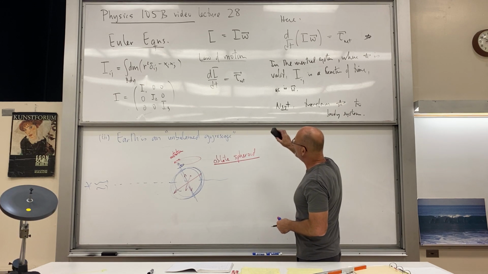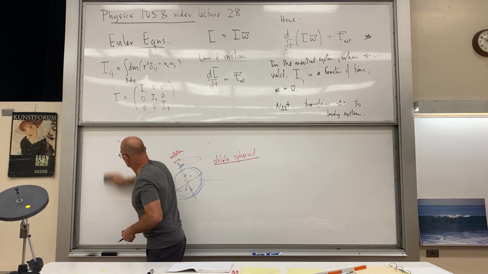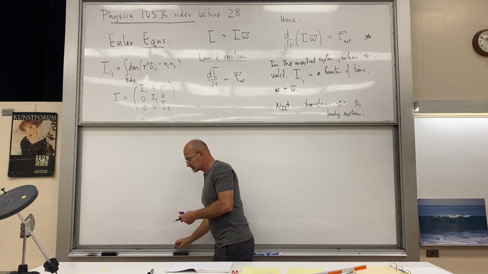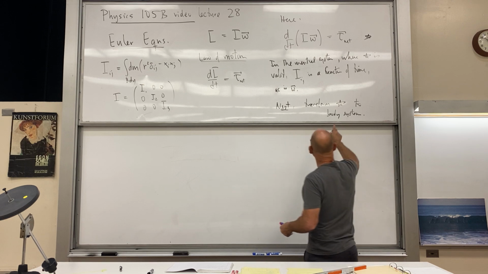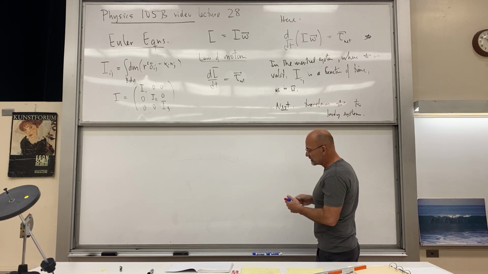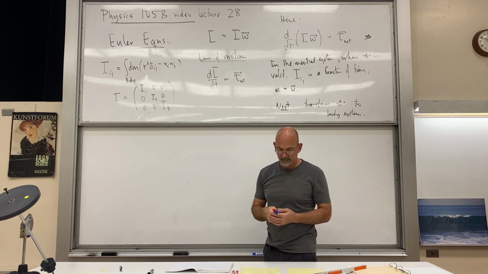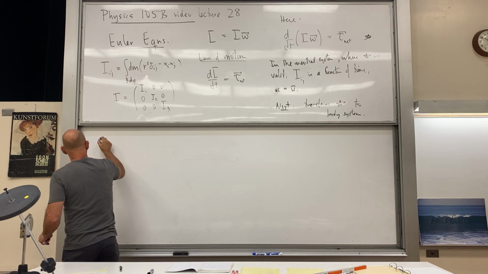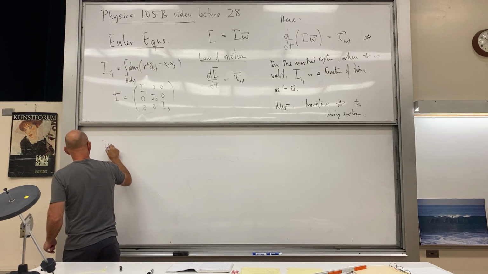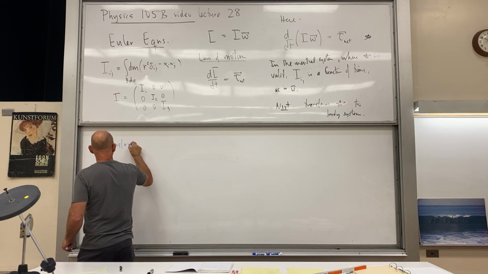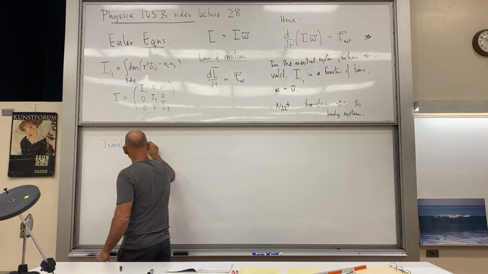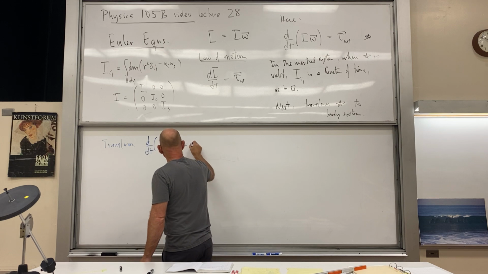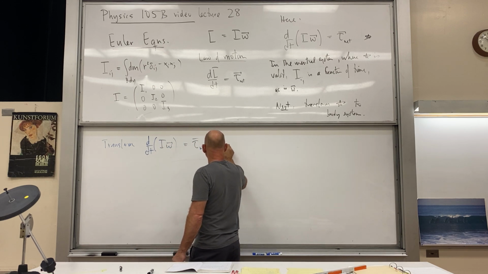Yeah, good. So I'll leave those up. So we're going to transform that equation star up there to the body system. And that transformation, I'll just start, transform d/dt of I omega equals tau to the body system.